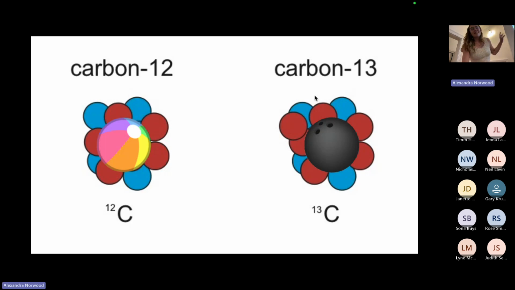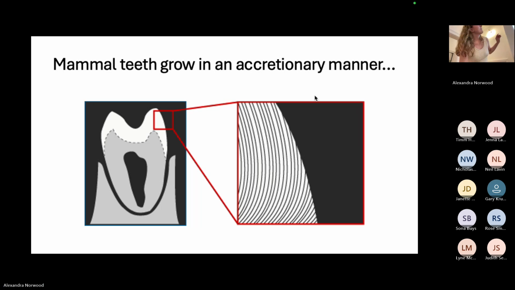The way that we connect this to seasonality is that mammal teeth, including yours, this is supposed to be a schematic of a human tooth, grow in layers. The simplest way to think about this is that they grow like tree rings, that your teeth are laying down layers over time as you age, as you grow them when you're a child.